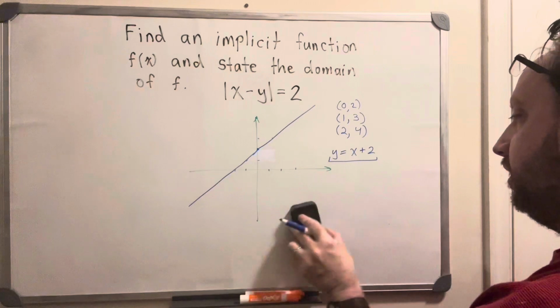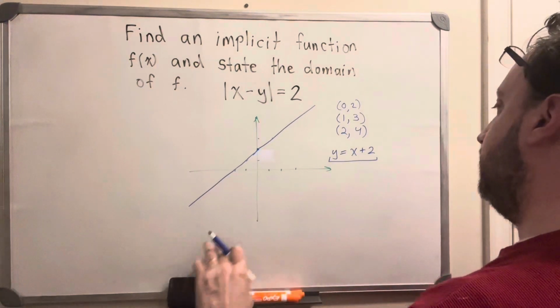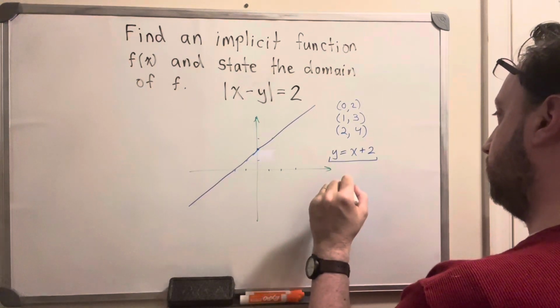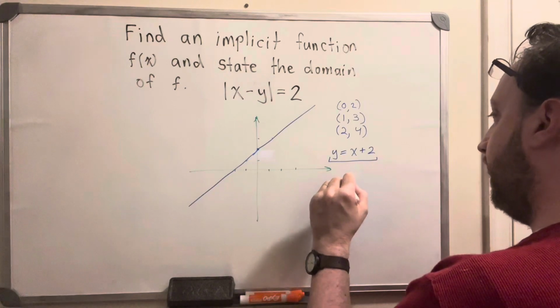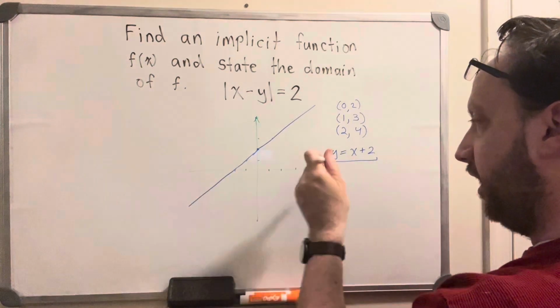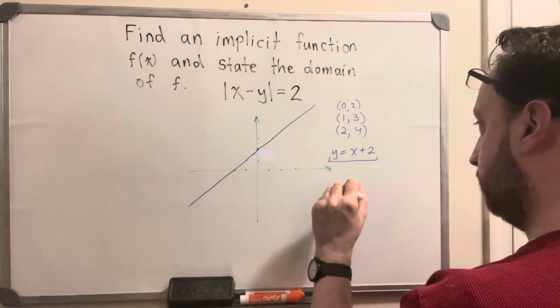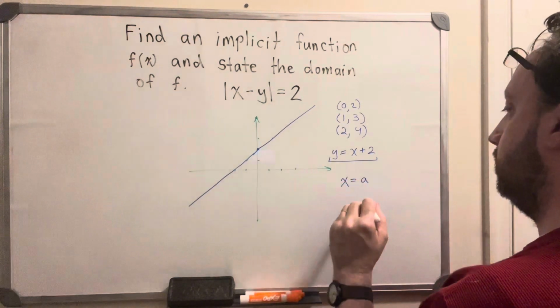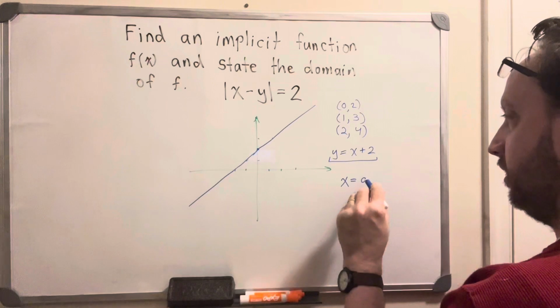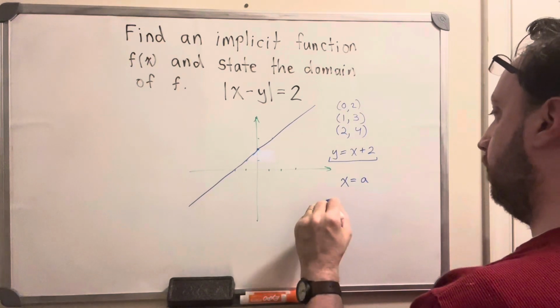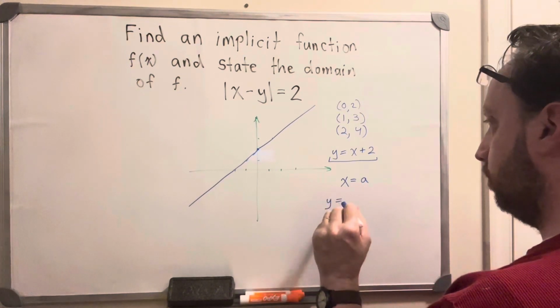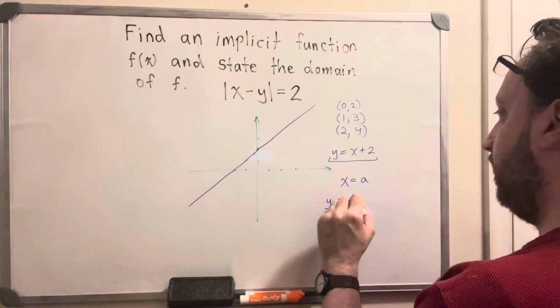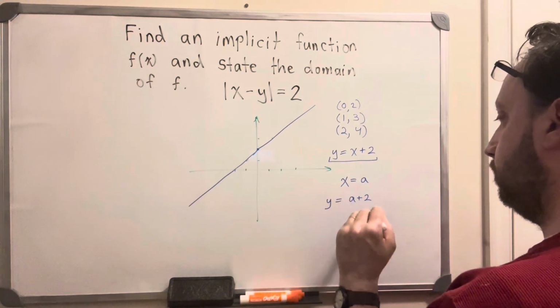Is it appearing that this is always true? Let's say that x equals some value a, where a could be any value on the real number line. Let's say x equals a, negative or positive, or even 0. Then y would equal a plus 2.